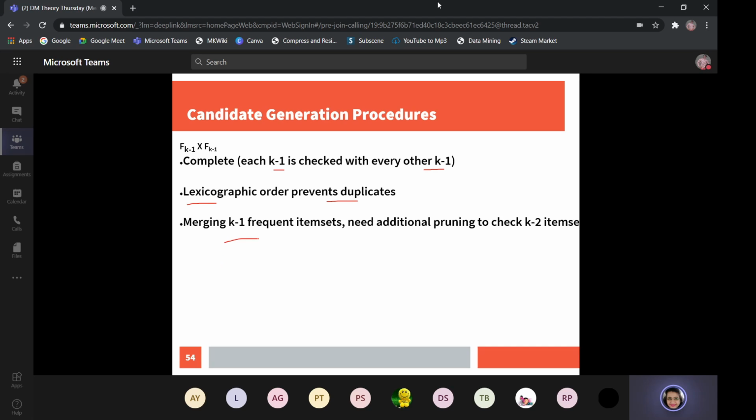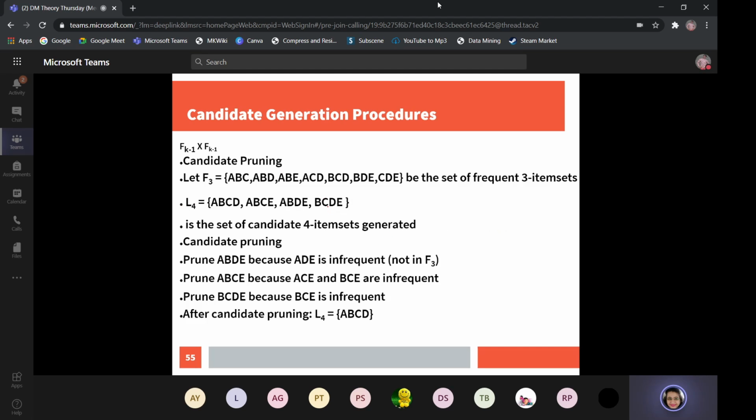But because you are merging k minus 1 frequent item sets, you might need to do additional pruning. So for example, here you have A B C, A B D, so you get A B C D, A B C E, A B D E and B C D E. Now if you check, A B D E you will have to eliminate because A D E is not frequent in the previous level. What does the Apriori principle say? If a subset is infrequent, then its superset will also be infrequent.